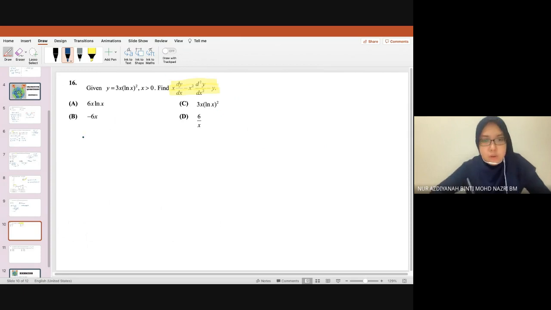Okay, so first of all, when we start off with y equals to 3x ln x all squared. Okay, so kena guna product rule lah dekat sini untuk kita cari dy dx. Okay, so our u is equals to 3x, and then let's say we take our v as ln x all squared.